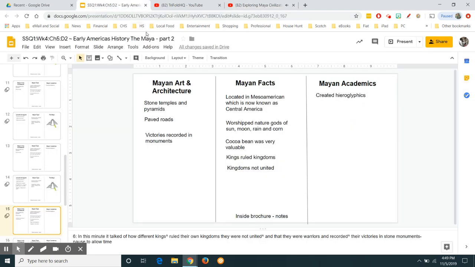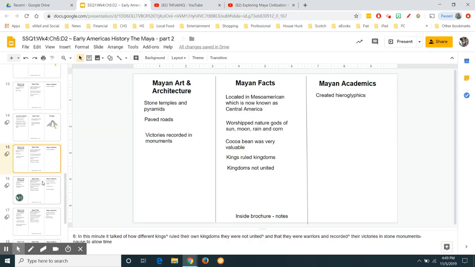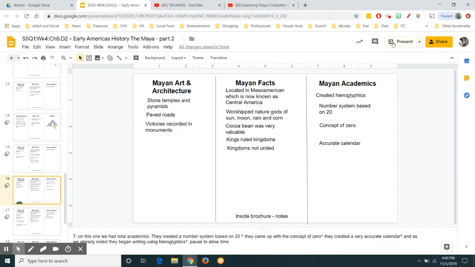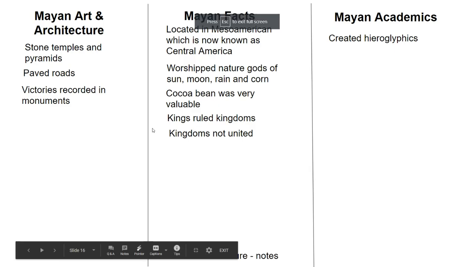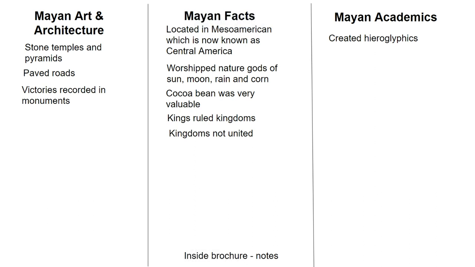So on this one, we had total academics. So find your Mayan academics section. We already had that they created writing. They touched on that again, that they created hieroglyphics, the writing system, and their type of lettering. But they also created a numbering system based on the number 20.